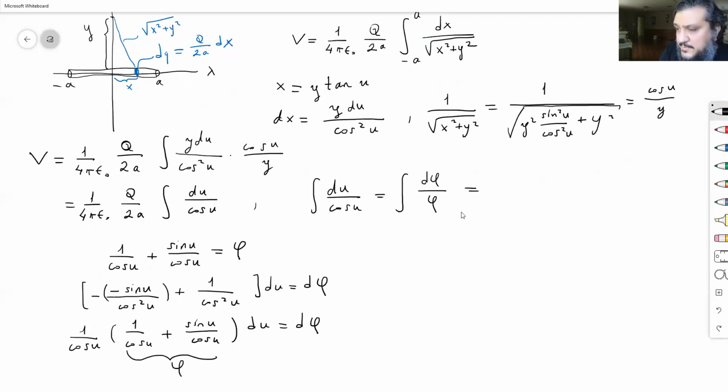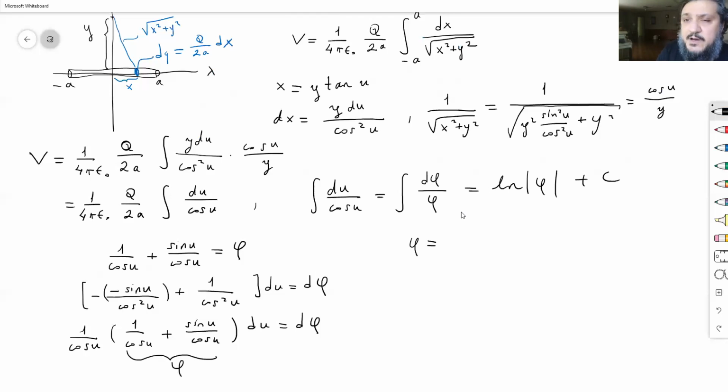And the integral will be the natural logarithm, plus some constant, but I'm going to worry about that later. And phi is this. So if I can write what phi is equal to in terms of my x and y variables, I'm done. So phi will be equal to 1 over cosine u plus tangent u.